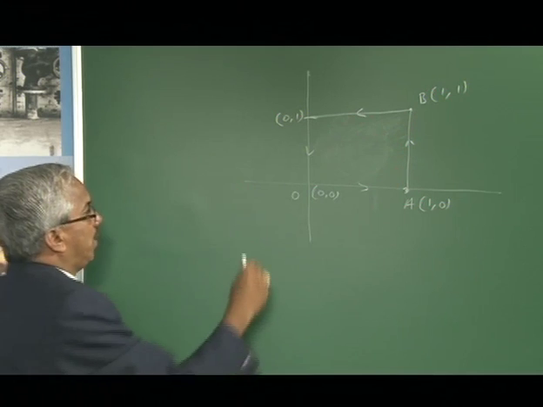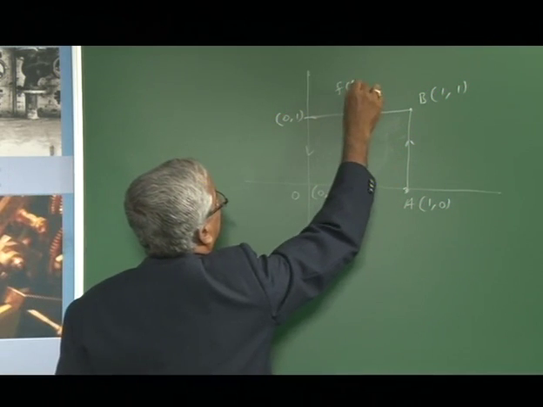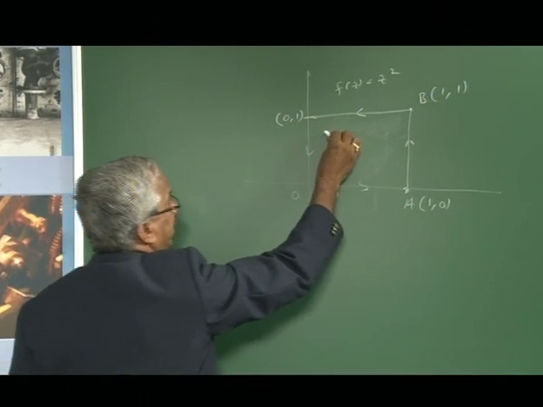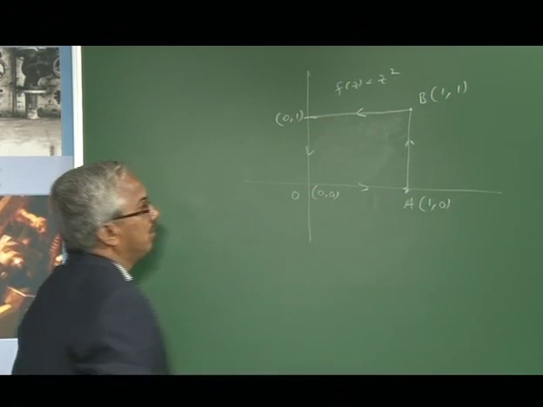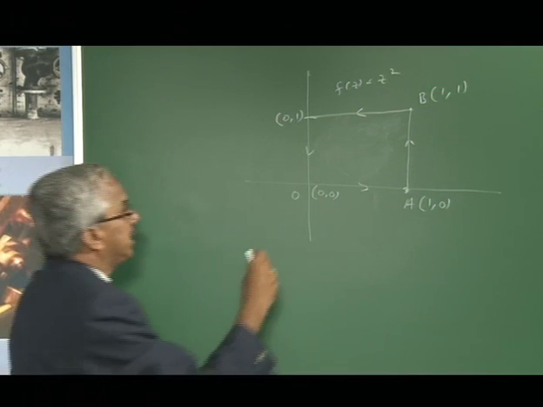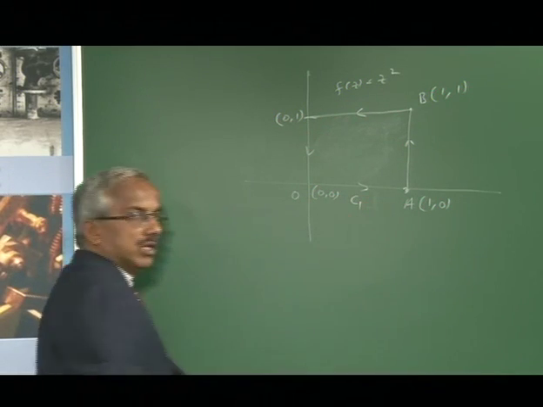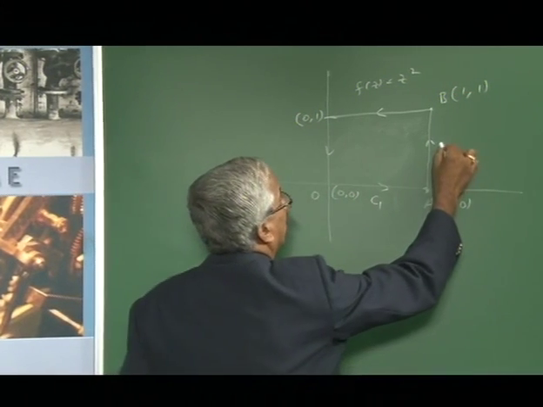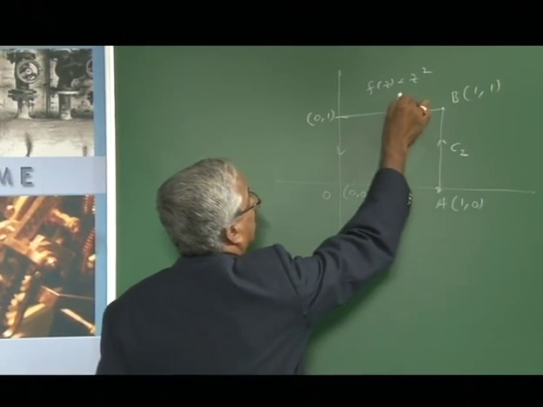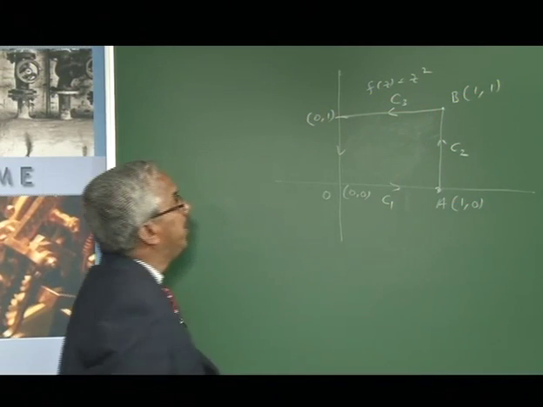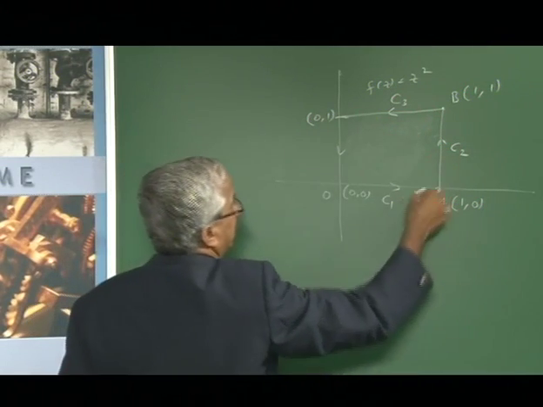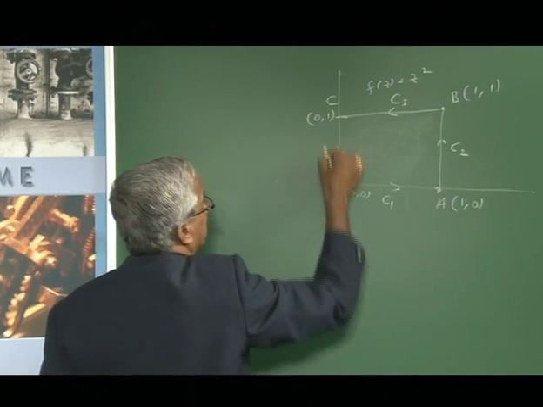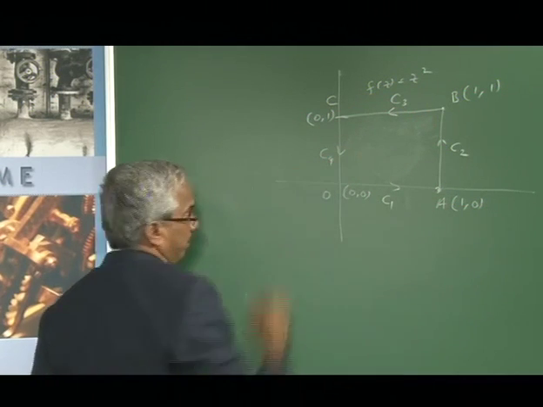So now f of z is equal to z square, analytic within and on this curve, and we partition this curve: the curve along OA is C1, the curve along AB is C2, the curve along BC is C3, and then CO is C4.